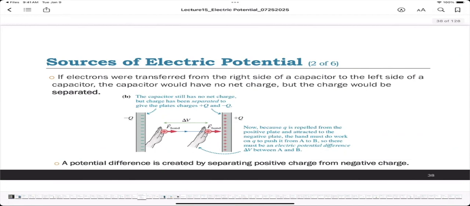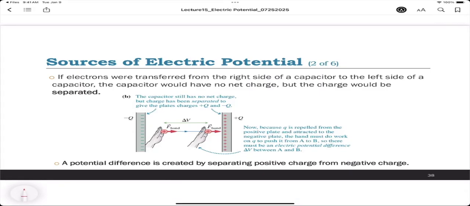Okay, and if electrons were transferred from the right side of a capacitor to the left side of a capacitor, the capacitor would have no net charge, but the charge would be separated. You can see here the capacitor still has no net charge, but all the negative is here and all the positive is here.